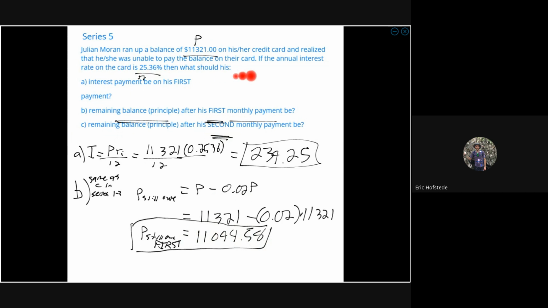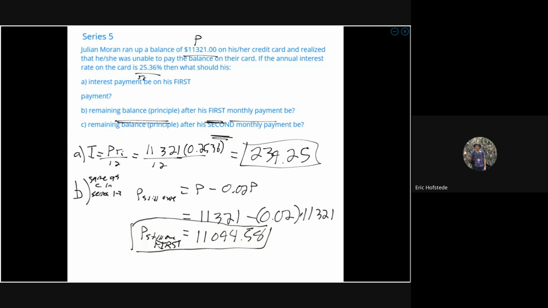There's not a ton of context here, but let's assume that we are again unable to pay the balance. We make no prepayment. We make no payment off our balance. So now we're rolling into the second month, and the amount that I still owed after the first month is the amount that I start off the second month owing. This is becoming my principal for Part C. That is the key thing to know.